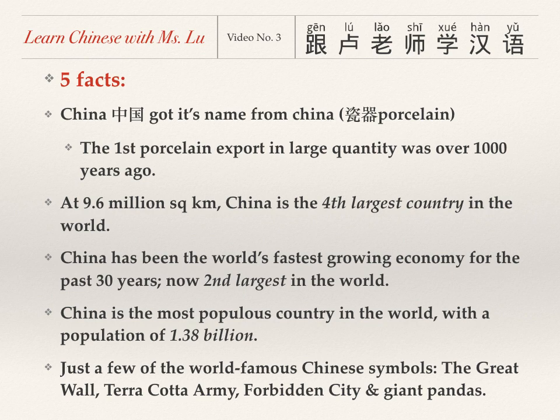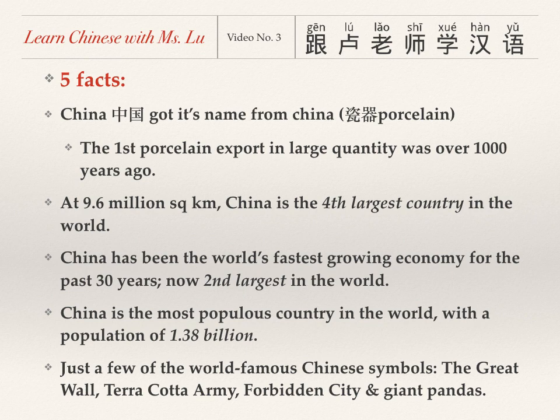The Yangtze River, Changjiang, is the world's 3rd largest river. Third, China has been the world's fastest growing economy for the past 30 years. Currently, it is the 2nd largest in the world.